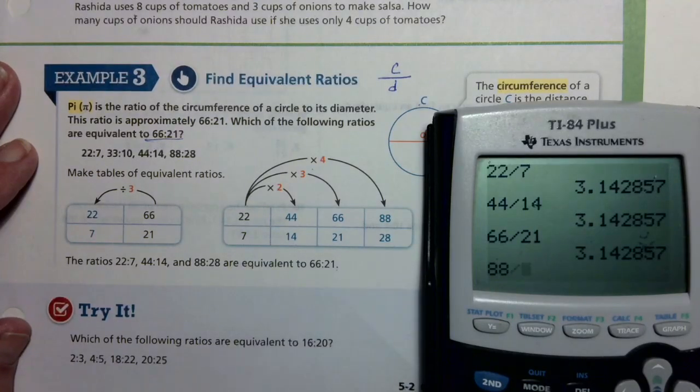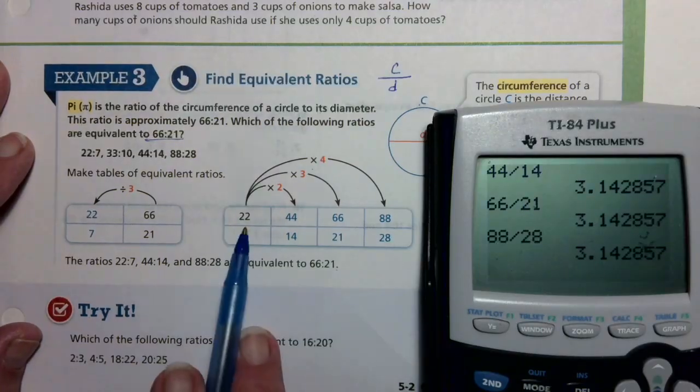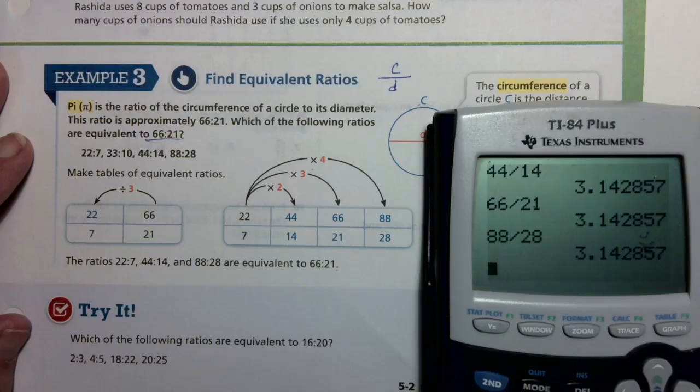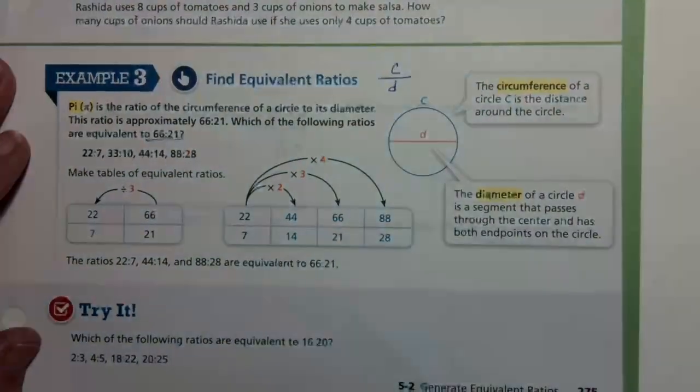And 88 divided by 28, look what you get. So these are all equivalent fractions. If I were to divide them out, numerator divided by denominator, I get the same number every time, which is pi. Okay?